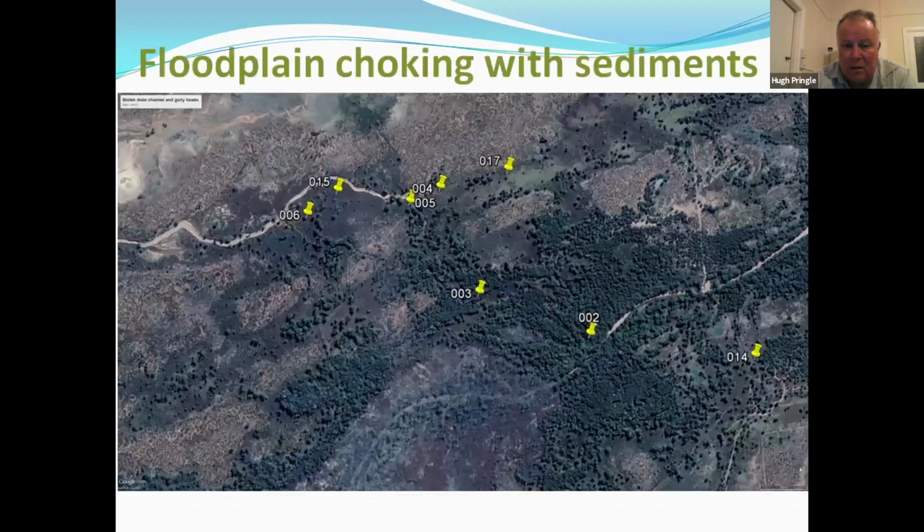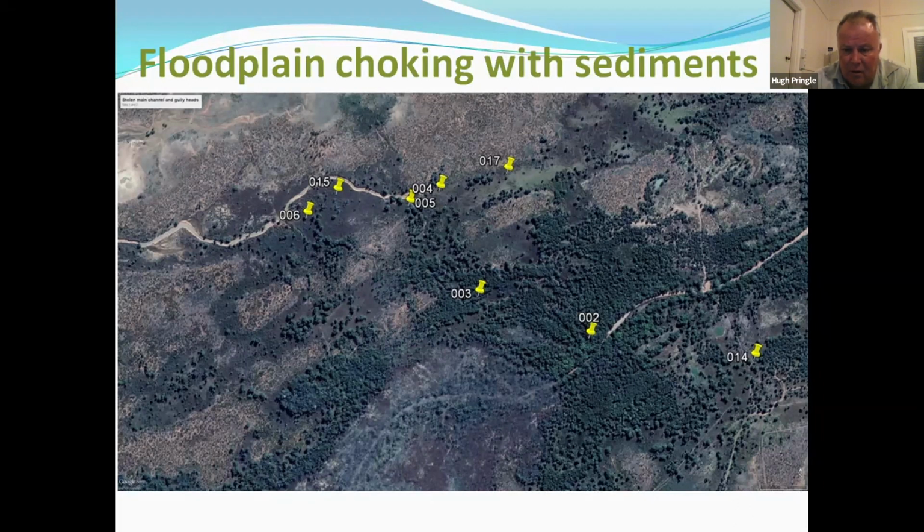And then something I didn't come across very much until I got to Western New South Wales is excessive deposition problems. And this is a property between White Cliffs and Packsaddle that Paul and I are working on. The string of waypoints up the top there from 17 to 6 is a gully head that's moved about 2 kilometers in 40 years.